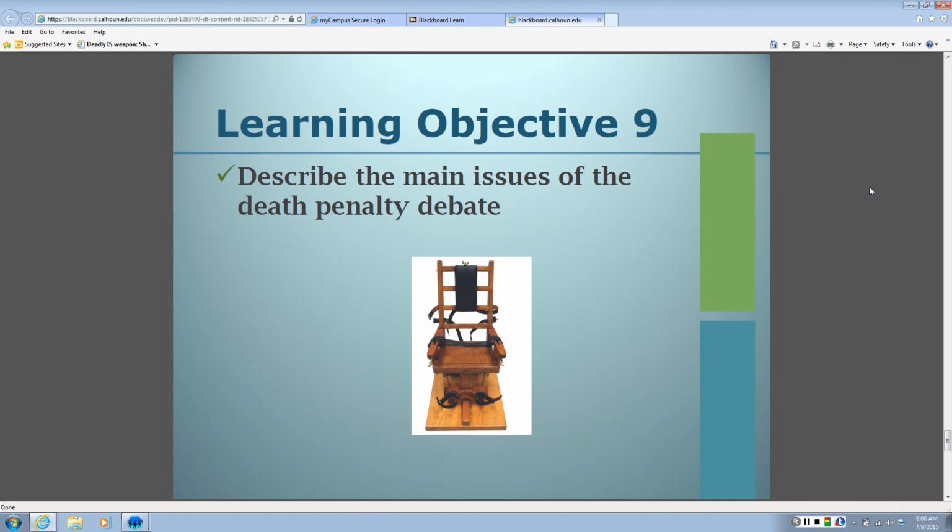Some states are now going back to using the electric chair. I believe the state of Washington still allows you to hang a defendant. The state of Utah allows the death penalty to be carried out by firing squad, if you wish. I think Gary Gilmore was the last inmate to die by firing squad in Utah. You can Google that. It's pretty interesting.